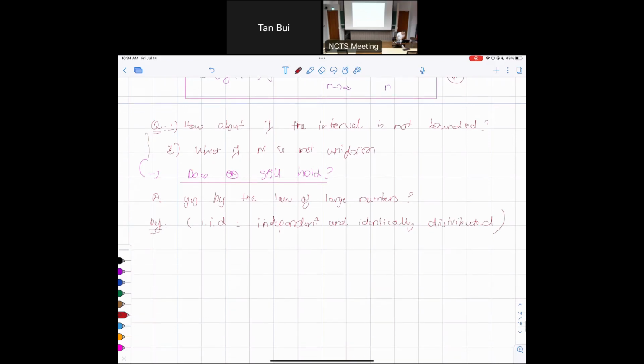So we're going to look at the IID random variables, okay? So that's what I mean. Independently and identically distributed.